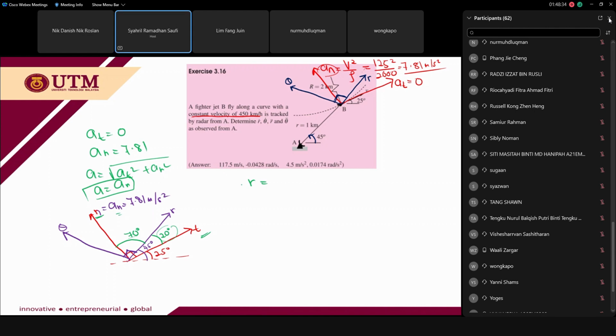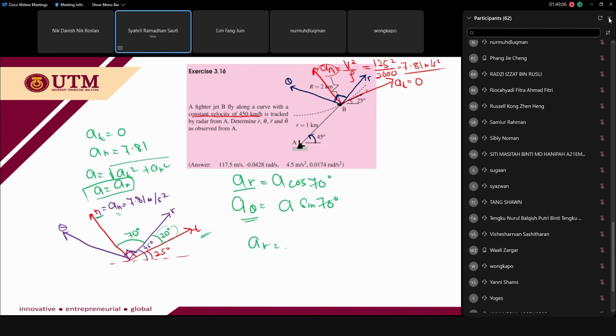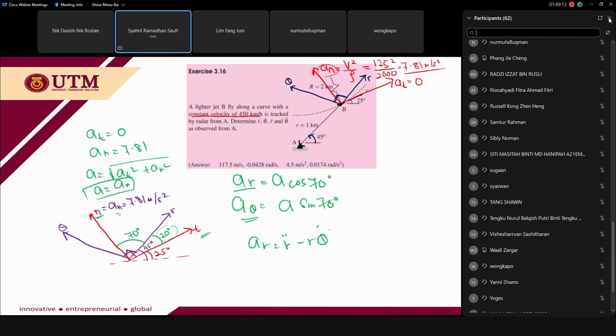So AR is equal to A cos 70 degrees, and A theta is equal to A sin 70 degrees. Then you obtain your AR and A theta, and substitute into these equations to get R double dot and theta double dot. AR is equal to R double dot minus R theta dot squared.